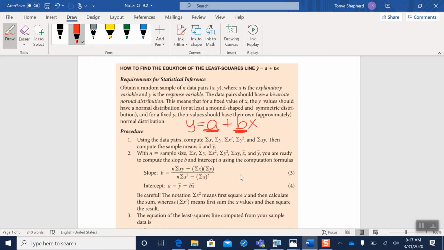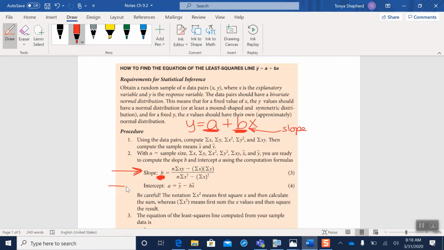So in order to do that, we have to learn how to calculate the slope using our statistical data. And please pay attention in statistics. Again, don't ask me why, but b is the letter that we use for slope. Again, it's multiplying the letter x, so we know from our previous math experience that that has to be the slope.